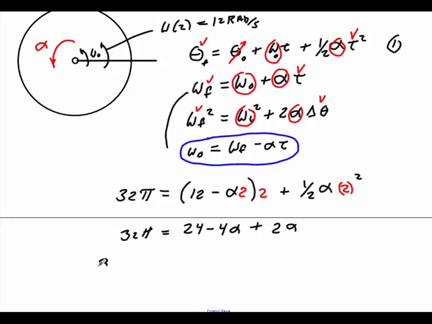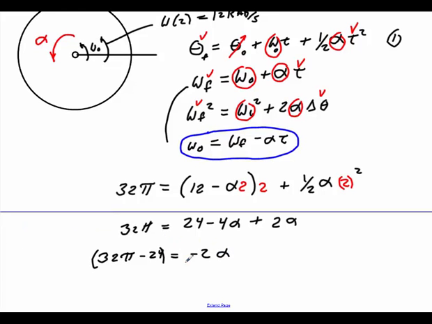That gives me 32 pi minus 24 is equal to negative 2 times angular acceleration. We will divide both sides by negative 2. Negative 2 will cancel out.